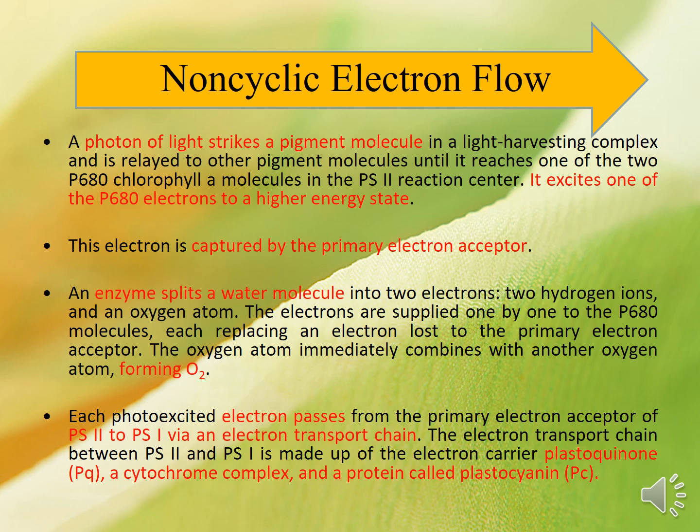Okay, so one of the P680 electrons is excited to a higher energy state, and this electron is captured by the primary electron acceptor.